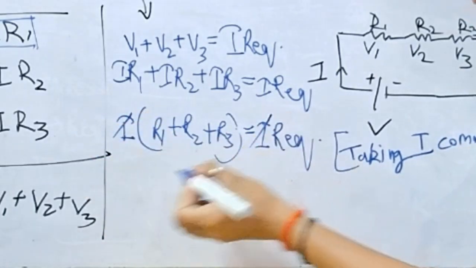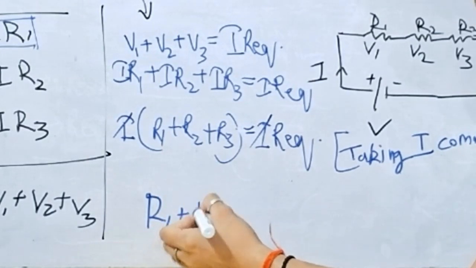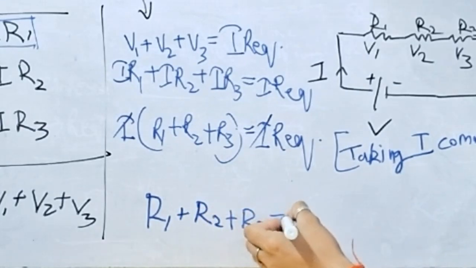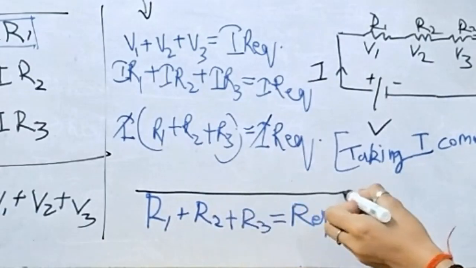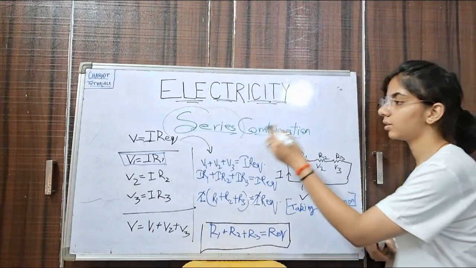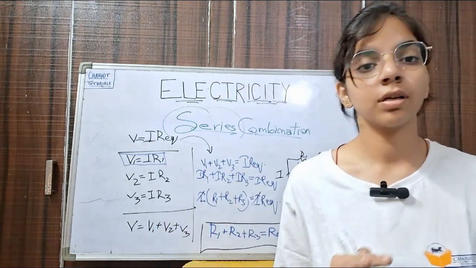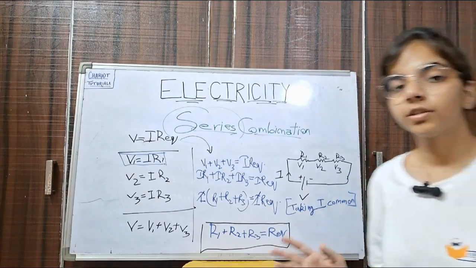Now this I and I will be cancelled, and we have our final R equivalent resistance for the series combination. Here we are with our final derivation and final formula of R equivalent, that is R1 plus R2 plus R3. It does not matter how many resistances you keep on connecting in series, the formula for the series combination equivalent resistance is R1 plus R2 plus R3 and so on, means it is just a simple algebraic addition, right? So this is the derivation for the series combination.